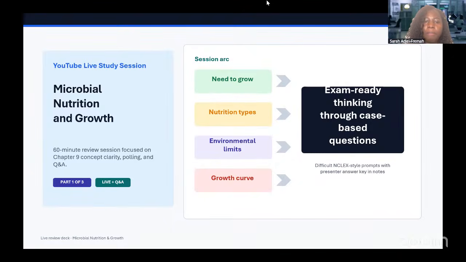So when microbes are heterotroph, where are they getting their carbon source from? From organic sources. Fantastic. From organic sources. So definitely autotroph is going to be from inorganic carbon source, which is carbon dioxide. Okay.